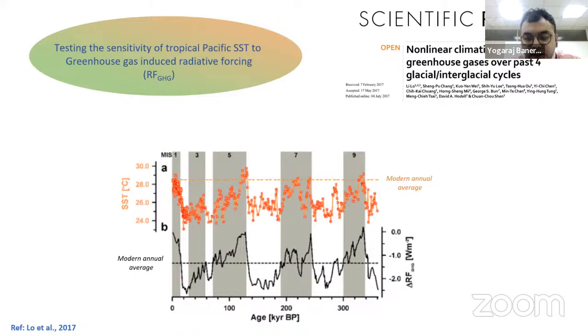So what we can see is that the SST record for the last 4 glacial interglacial time periods varies from around 24 degrees Celsius and goes to around 30 degrees Celsius in some of the time periods, like marine isotope stage 5 and marine isotope stage 9.